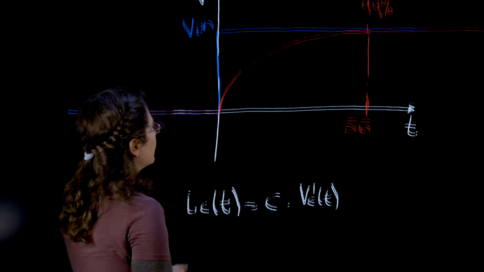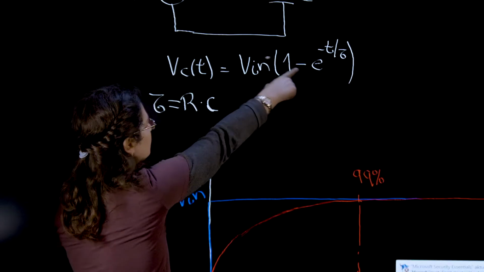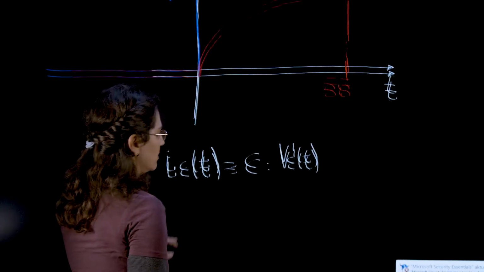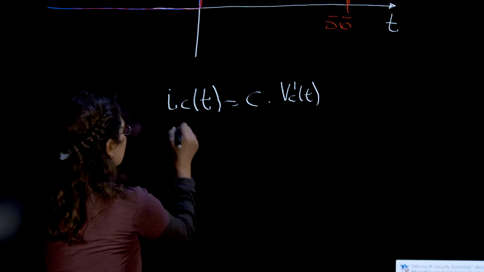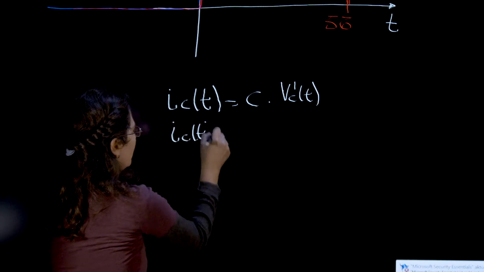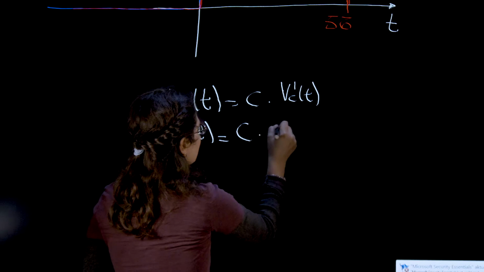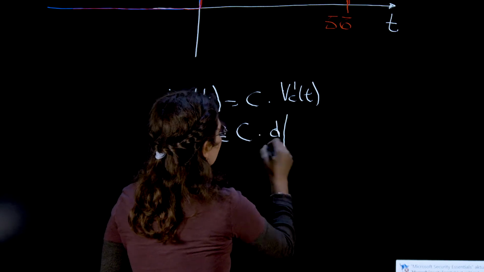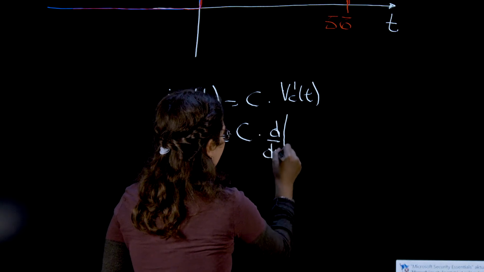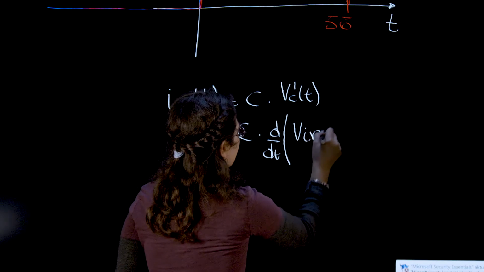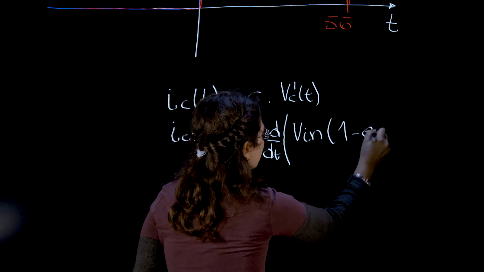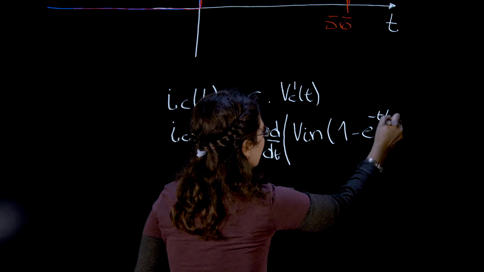So we can just take this equation and plot the derivative. So IC of t will be C times the derivative of Vin times 1 minus e to the minus t over tau.